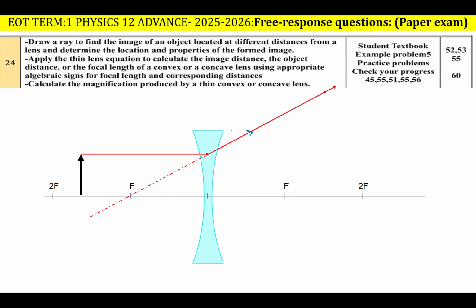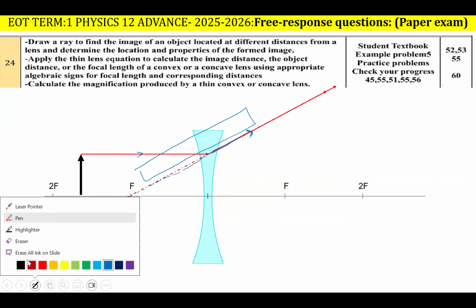So that is the first ray. You should draw this one, and then draw the refracted ray over here. Then you will have to trace it backwards. When you trace it backwards, it should pass through the focus. Or else, after coming here, you should keep your ruler like this and draw a line. When you trace it backwards, you need to draw dotted lines.